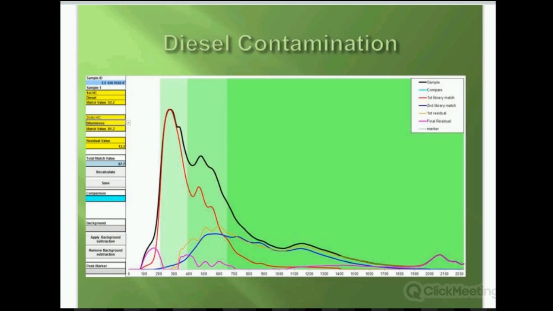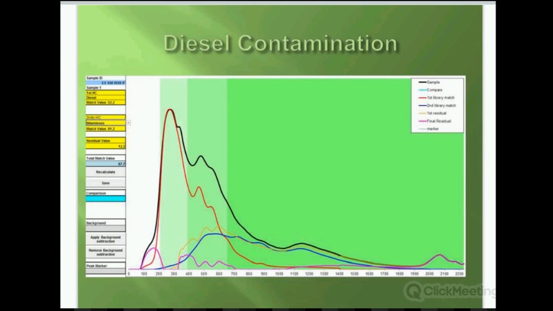So let's have a look at this slide here, which is a QED fingerprint showing the black line, which is the sample fingerprint. The red line is the reference diesel, so that's a match, which is quite a close match. The first main peak matches, and that second peak is also fairly close.